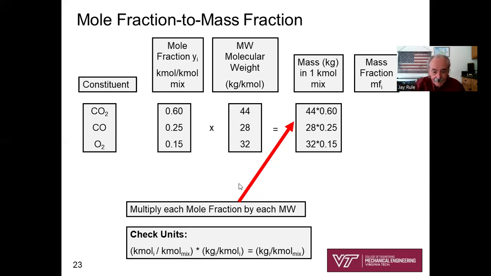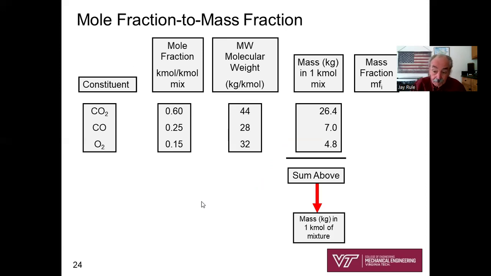Multiplying the mole fraction, kilomoles of I over kilomoles of mixture, that's the mole fraction, isn't it? Times molecular weight, kilograms per kilomole. If you do that algebra, you get kilograms of constituent I per kilomole of mixture. That's why you multiply these two columns together.